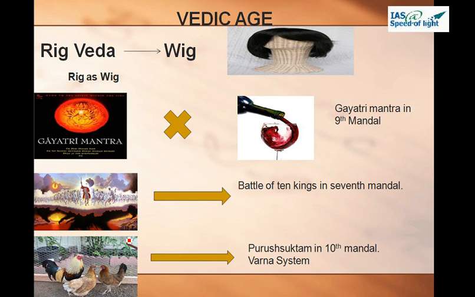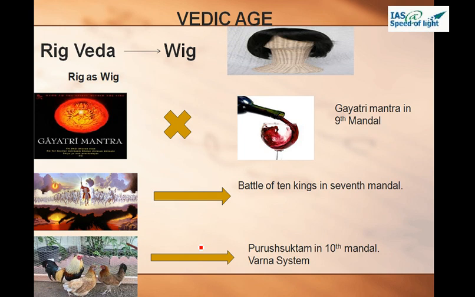Now coming to the second part of ancient history, and that is the Vedic age. In the Vedic age, our first aim would be to go through the different Vedas. So first Veda is Rig Veda. From Rig we get a wig. So Rig becomes wig for us. For Rig Veda, till now we didn't have any image.